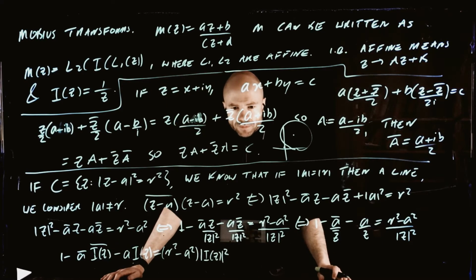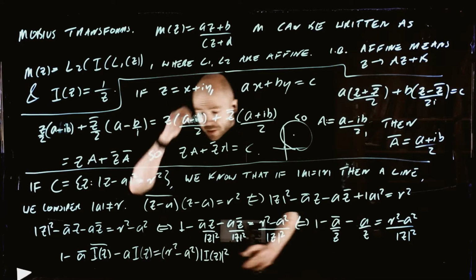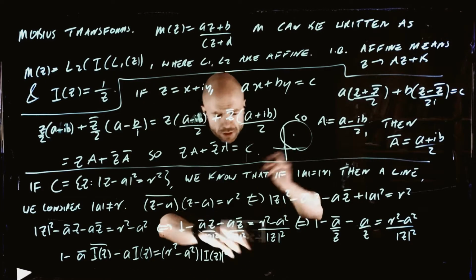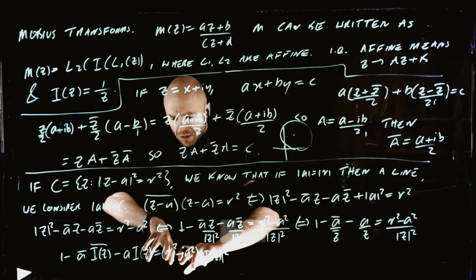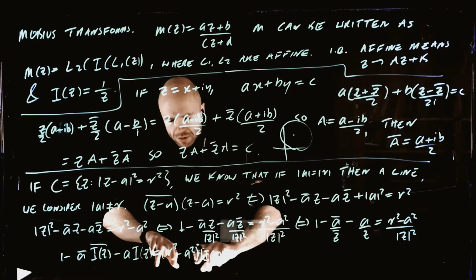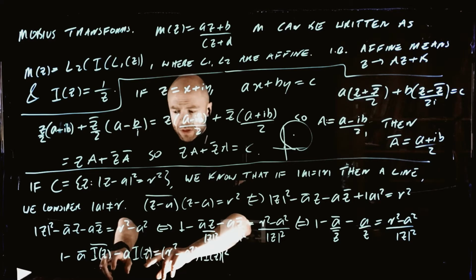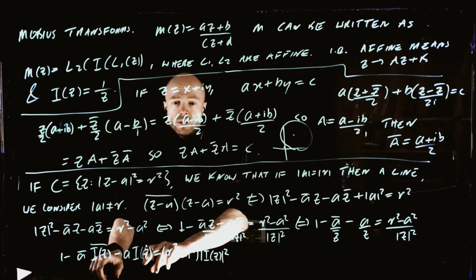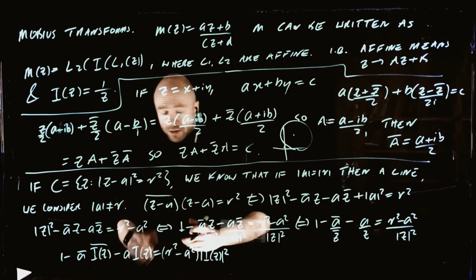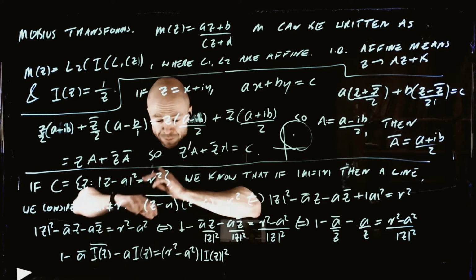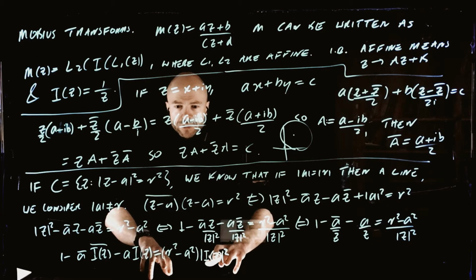Cool. So what I said previously, I should not have said at that point. I'm going to say it now. If r squared minus mod a squared is equal to 0, then what we have here is exactly the equation of a line for the image of z under I. So the image of the circle under I is exactly forming a line from this equation. That's where we were before.